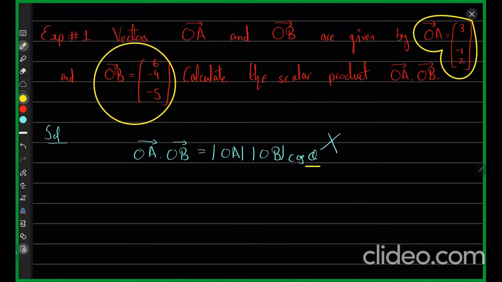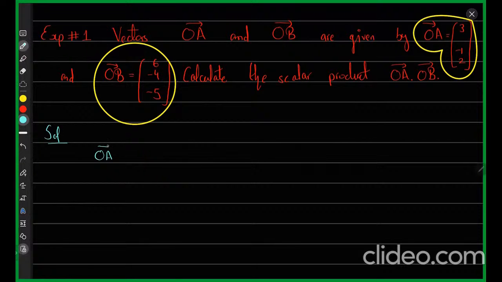Okay, so I will use the other approach and then find out the dot product. So OA dot OB is basically equal to the product of the x component with x component, y component with y component, and z component with z component.